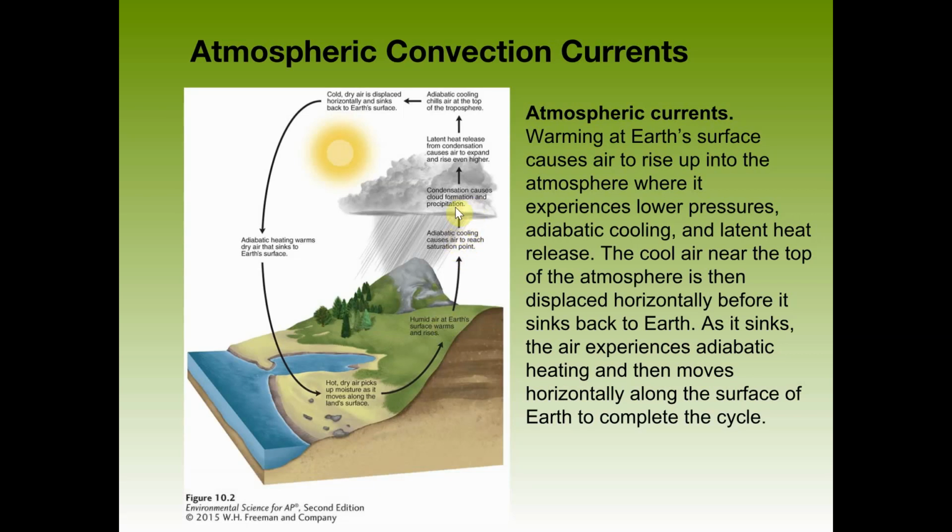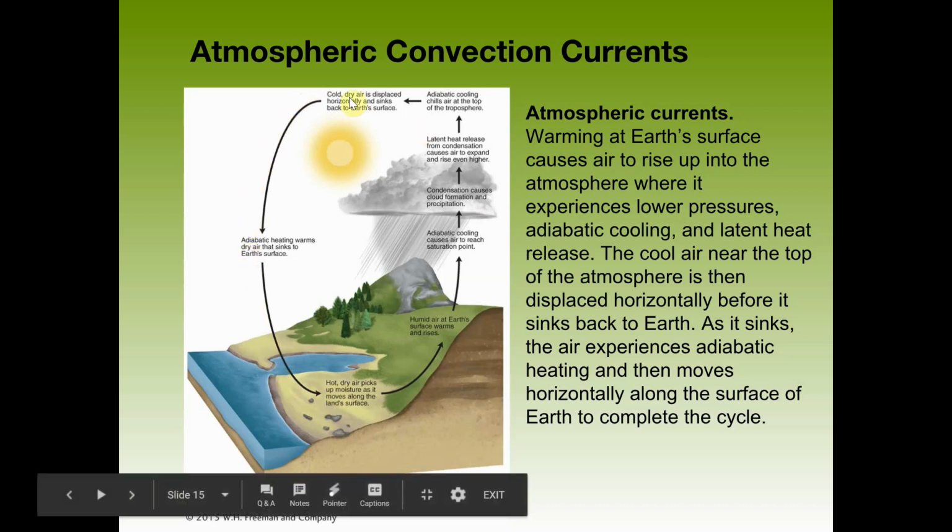And at some point, it cools to the point where that air starts to condense, and that's how we get clouds and rain. So it'll rain, and as the air releases the water that it was holding, it cools and it's now dry because it no longer has any of that humidity in it, and the cold air sinks back to Earth where it rewarms again.